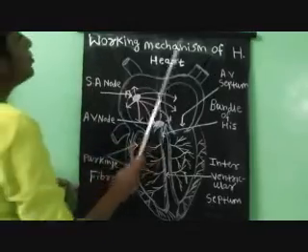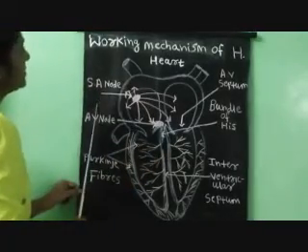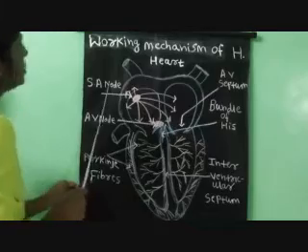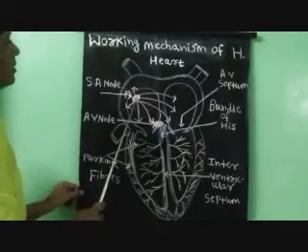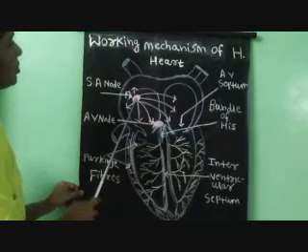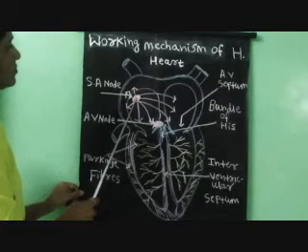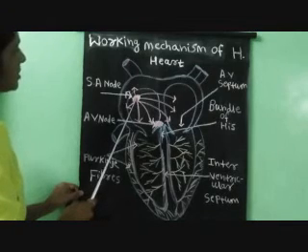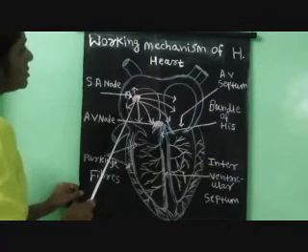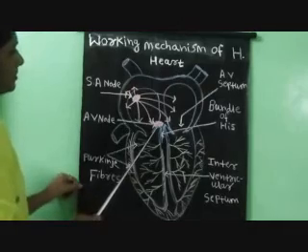Working mechanism of human heart. In this, we have to study about ventricular systole. SA node passes a wave of contraction or impulse toward AV node.